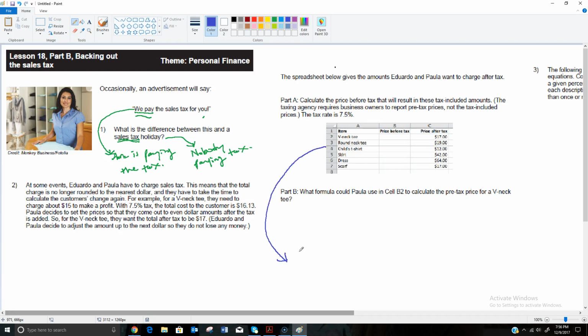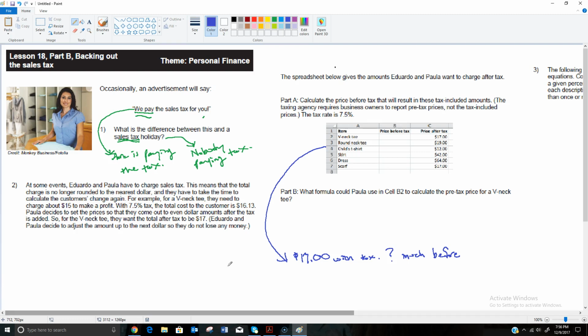So what we want to know is if it's $17 with tax, then how much is it before tax? So this is called backing out of a sales tax.